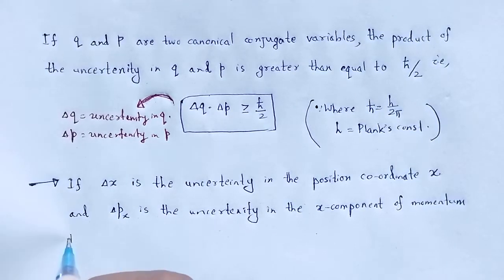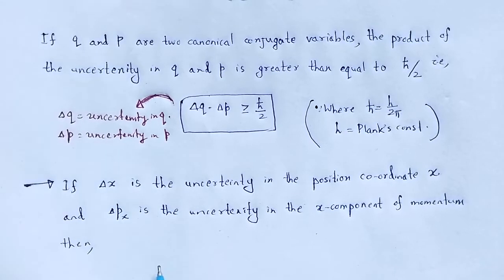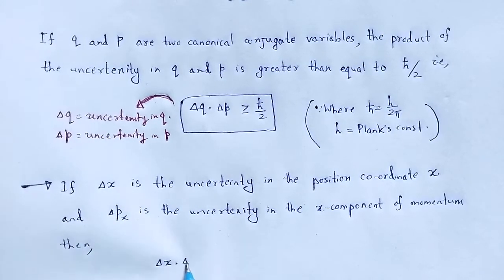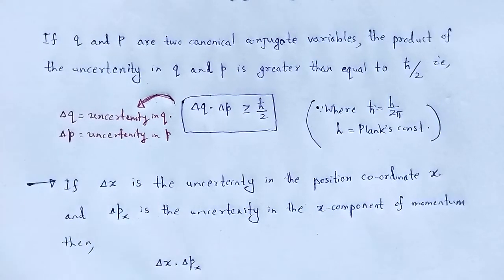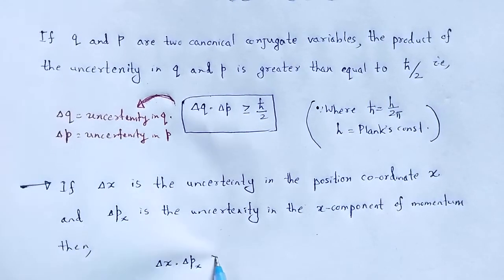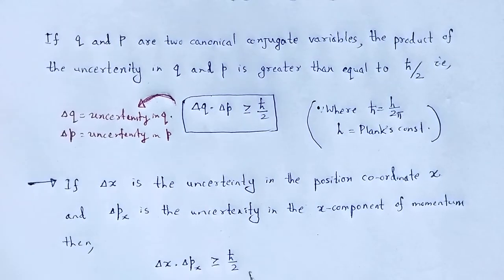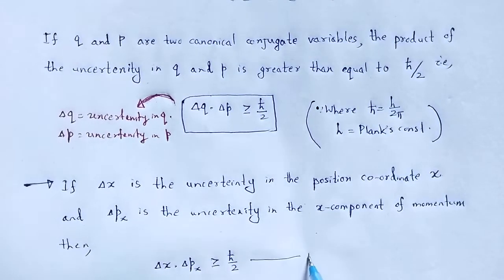Then the product of the uncertainty in position and the uncertainty in momentum along the x coordinate is greater than or equal to the quantity h cross by 2. Let me call this equation number 1.